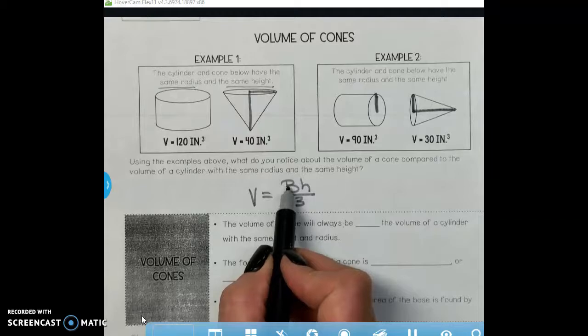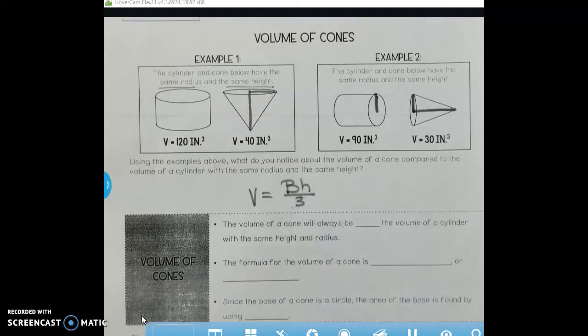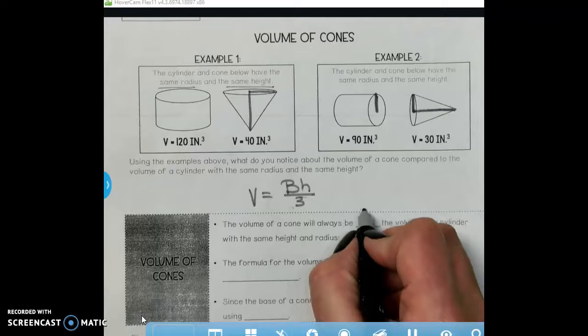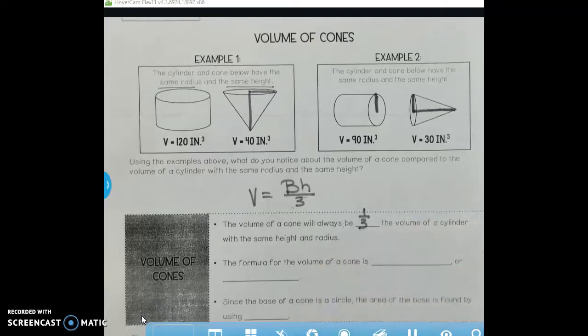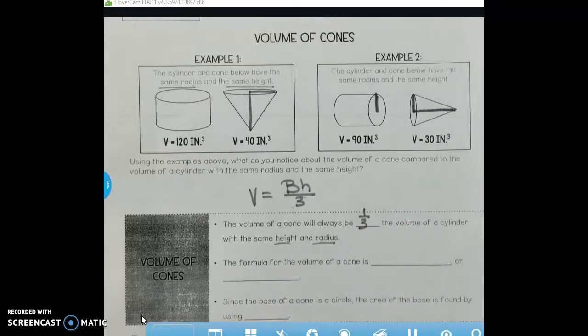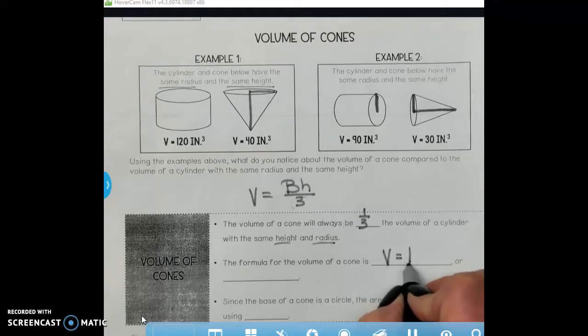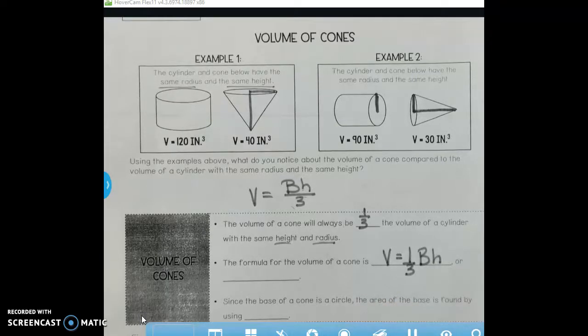that once we know the area of the base and the height of our shape and we find the product, we simply need to divide by 3. This is just an additional example of how this formula has been created. So the volume of the cone is always 1/3 of the volume of a cylinder with the same height and radius. When you are looking at your chart, you are seeing 1/3.